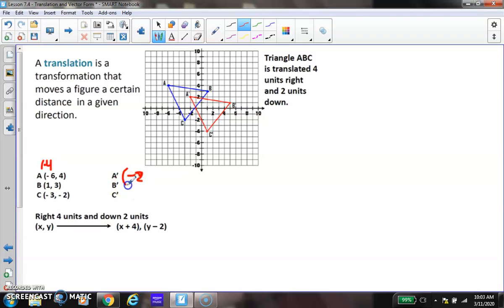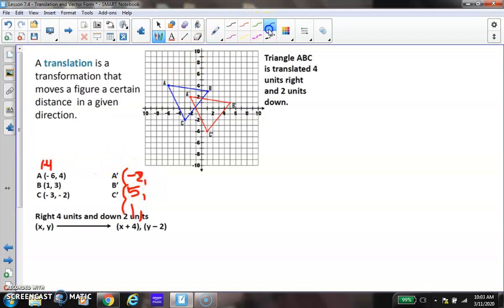If I add 4 onto the first coordinate in B for B prime, 1 + 4 will give me 5. And then for C prime, if I'm adding 4 onto the -3, the first part of the C prime value is going to be at 1. Since I'm moving this additionally 2 units down, that is a negative direction on the coordinate plane.